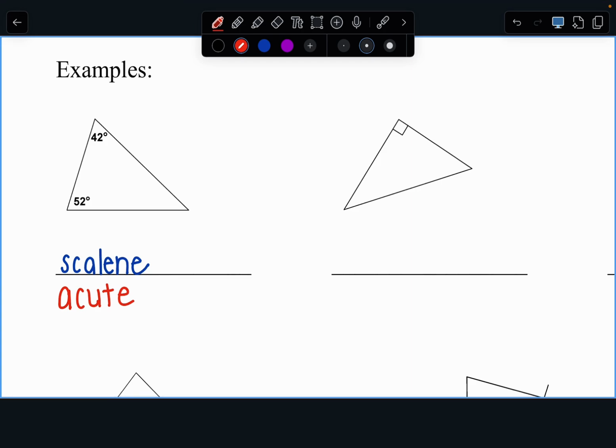What about the next one? I've only got one way to describe this because of that right there. Right triangle. It is a right triangle. Good.